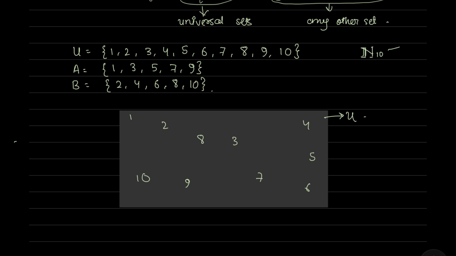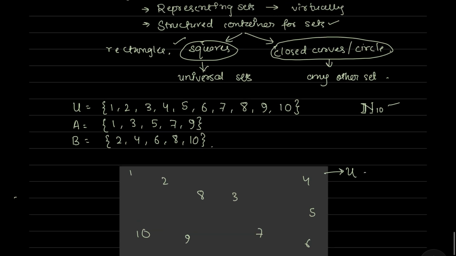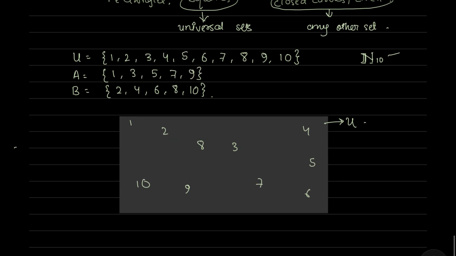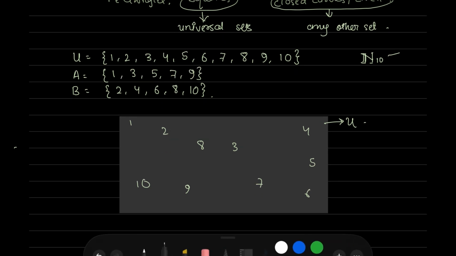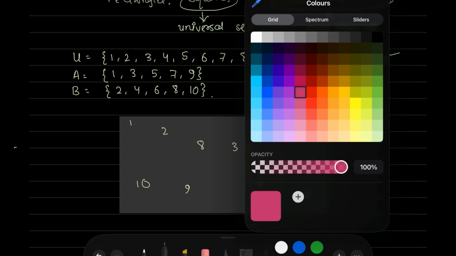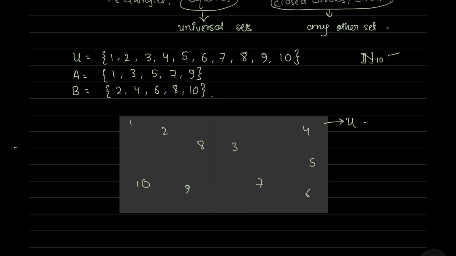Now as you have seen, we have to make two more sets, A and B. And these sets which are not the universal set are represented using a closed curve or circle. So let me make one closed curve using this pink color. It contains all the odd numbers. So let us find all the odd numbers and put them in a container.